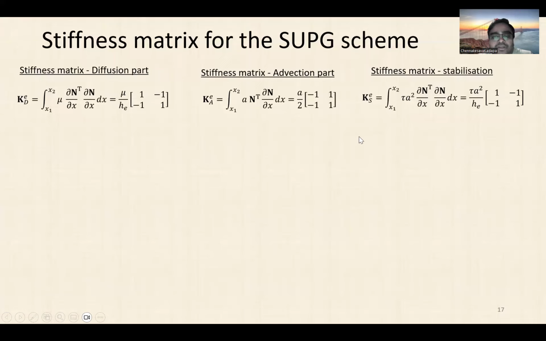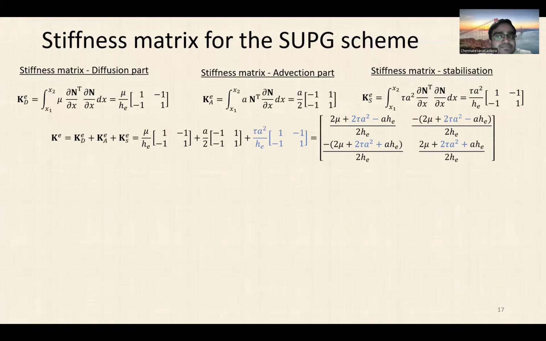Now, once we have this, we can calculate the total stiffness matrix for each element. The total stiffness matrix is the sum of the diffusion part, advection part, and the stabilization part.